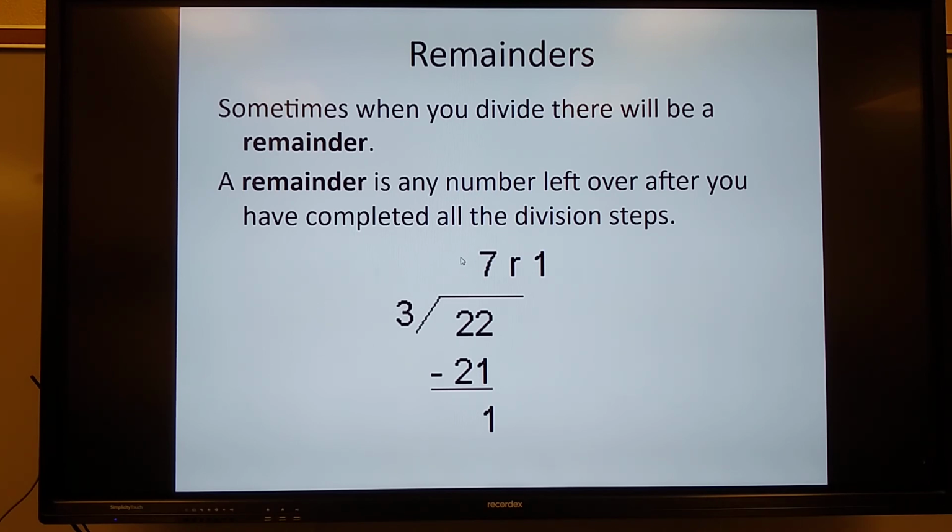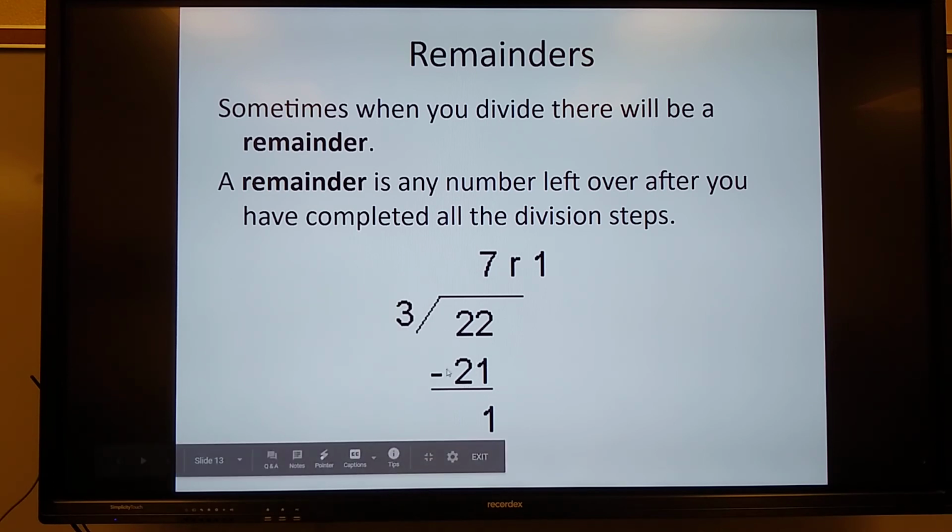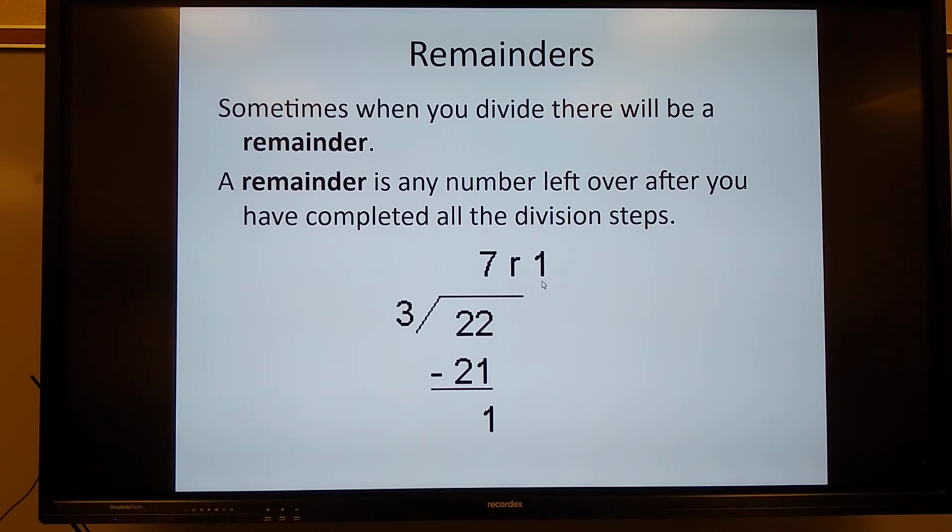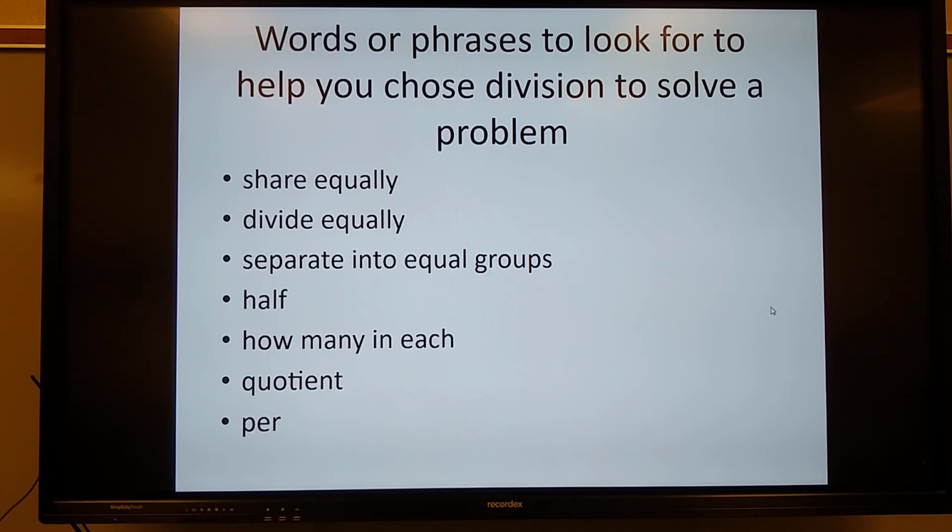You can put a 0 here if you want to, or you can just go to the next step. 3 will go into 22 7 times. 7 times 3 is 21. 22 minus 21 is 1. There's no numbers to bring down, so I'm finished. But if I have a remainder here, I must put this R and then a 1. So the answer is 7, remainder 1. And you should know all this already as fifth graders.